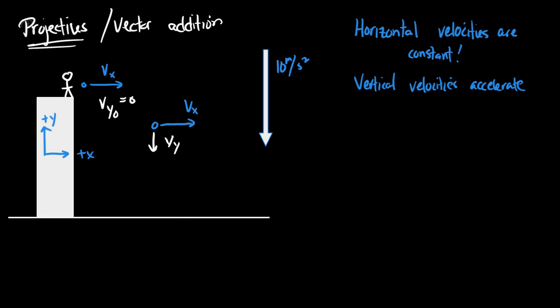So the components of the ball's velocity are the x components and the y components. The x components are the horizontal components of the ball's velocity. The y components are the vertical portions of the ball's velocity.